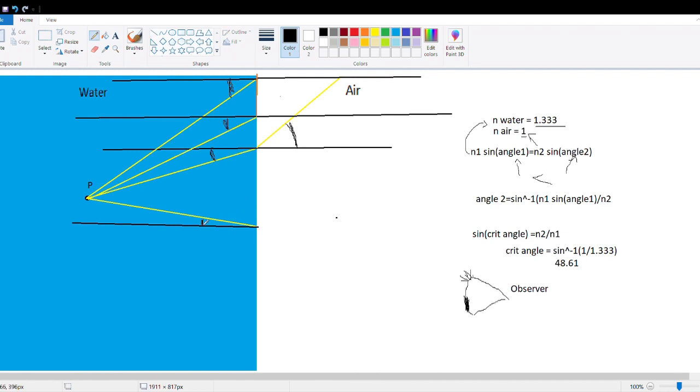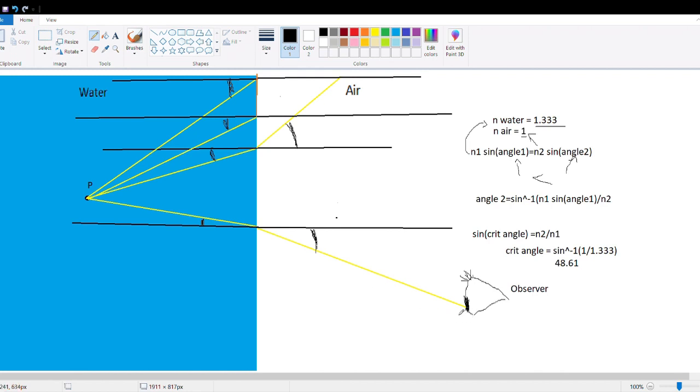This is the angle with the normal inside the water. And as we said, the angle with the normal outside the water in air will be bigger because the index of refraction is smaller. So for example, it will be bigger like this. So we can see that the angle right here in between the ray in air and the normal in air is bigger than the light ray in water and the normal in water.